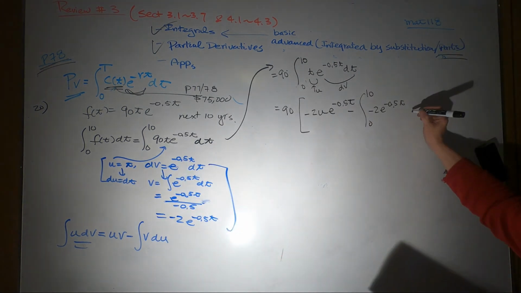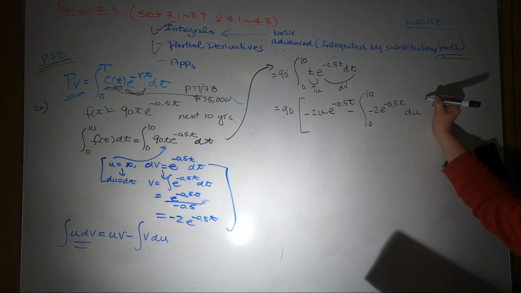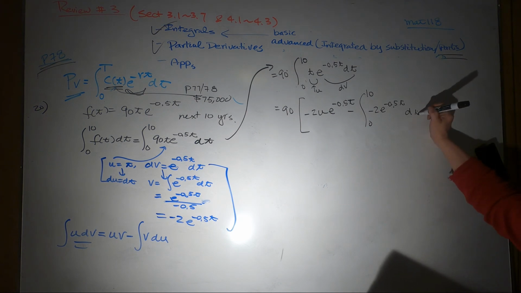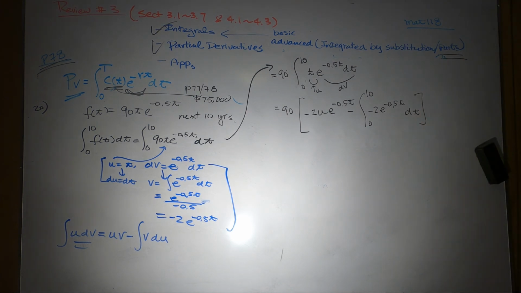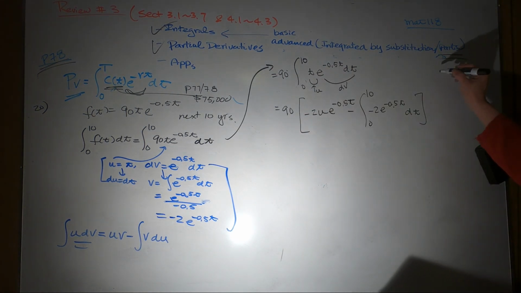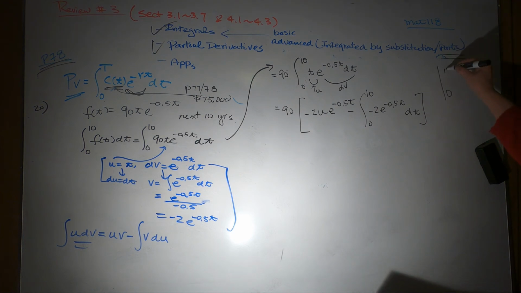Du is this one. Du is dt. Okay? And we haven't done the definite integral yet, so we're supposed to do from 0 to 10, right? Let's find the indefinite integral first.